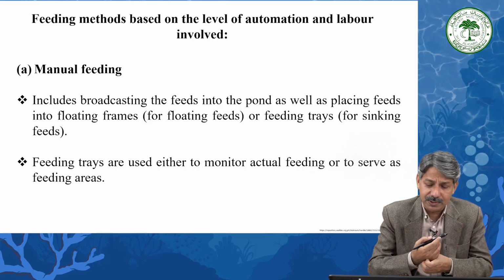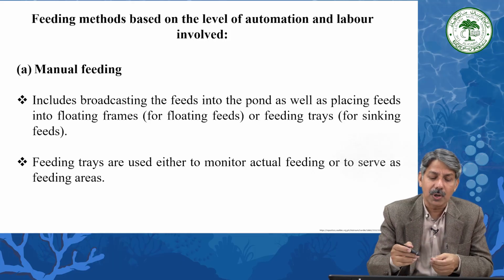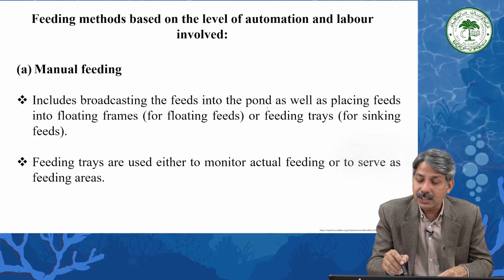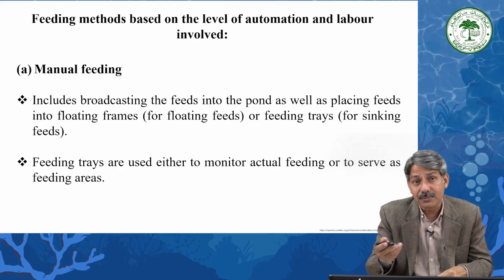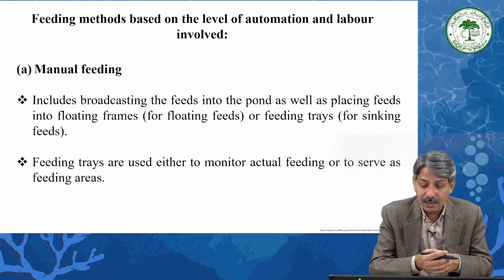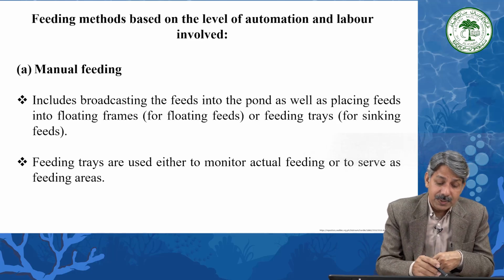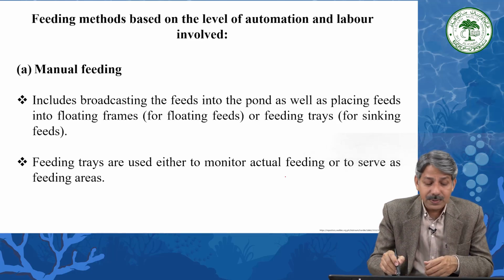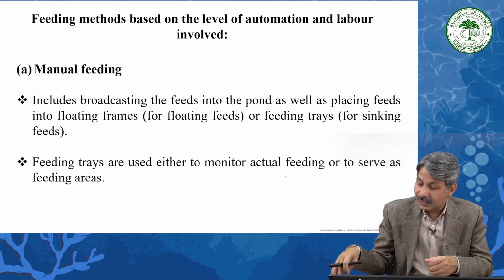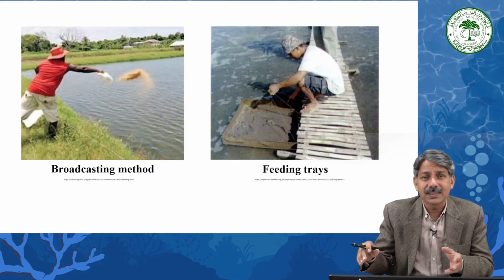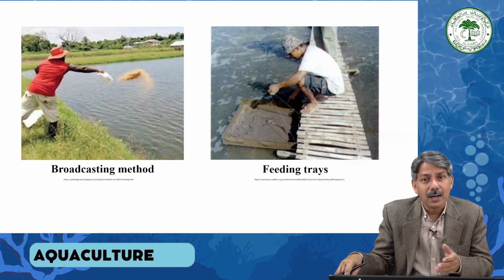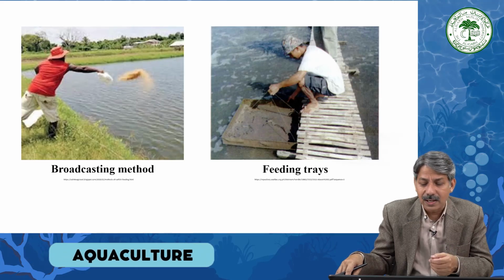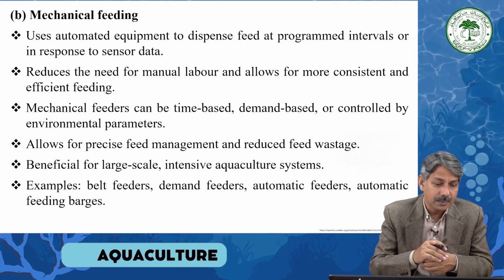I told you that if it is manageable, then it includes broadcasting the feeds into the pond as well as placing the feeds into the floating frames or trays that we have discussed in other lectures also. Feeding trays are used either to monitor actual feeding or to serve as feeding areas. This is one general photograph that has been shown, how broadcasting is done and how trays are used.